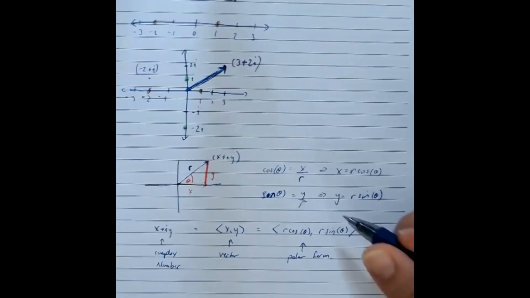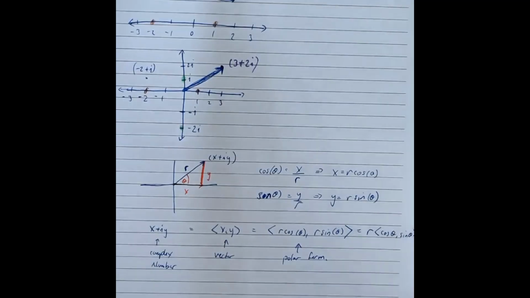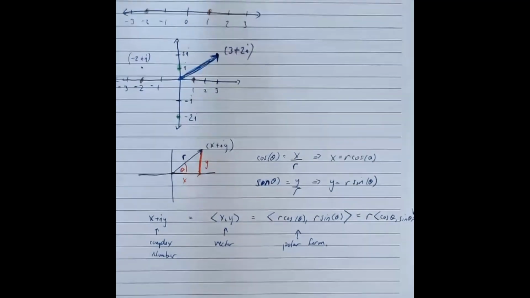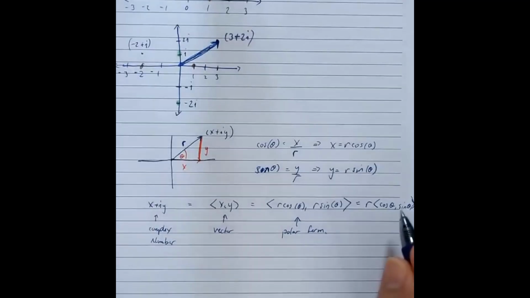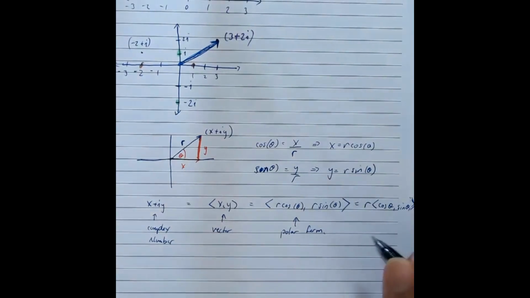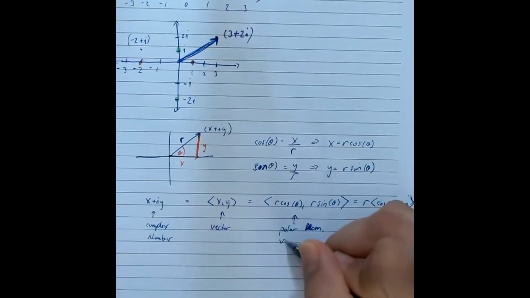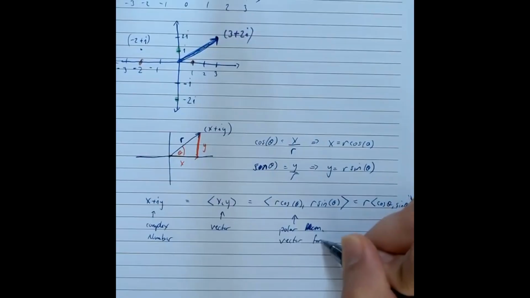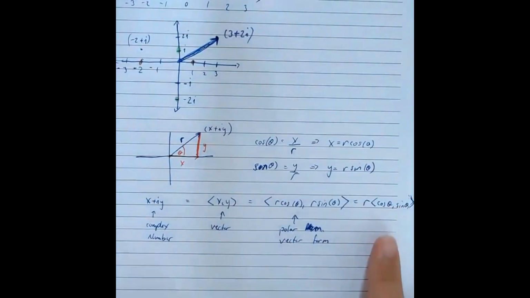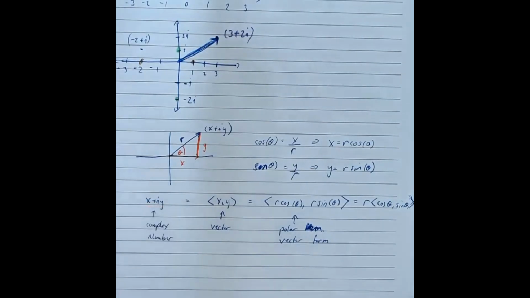So even though this is the correct polar form, more often than not, it's written like this: r times cosine of theta, comma sine of theta, with the r separate. That's the polar vector form. And if you don't want to write it in the polar vector form, then we can go back to writing it like a complex number, where we're explicitly writing i on the second component.